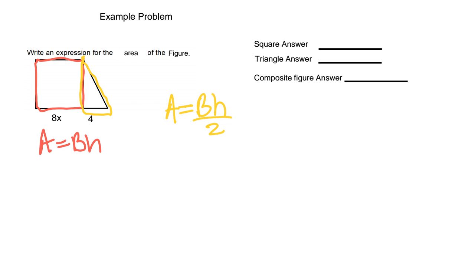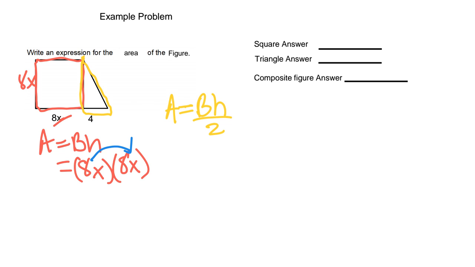Something that we know about squares is that they have the same side lengths all the way around. So if the base is 8x right here, that means the height also has to be 8x. So really we can write this as the base being 8x times the height also being 8x. Now, according to our distributive part, we're going to go ahead and distribute 8x, and that's going to be multiplied times 8x.